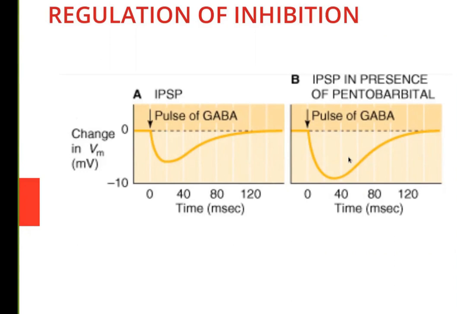Our pharmacologists know about inhibition and try to use this process in practice. For example, if you know about diseases like seizures, we have many anti-epileptic drugs for curing seizures.